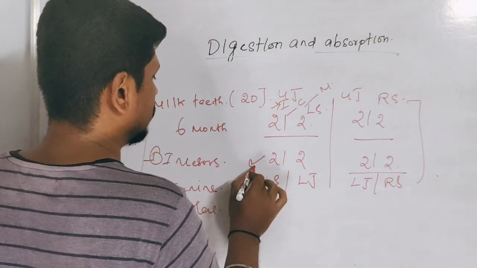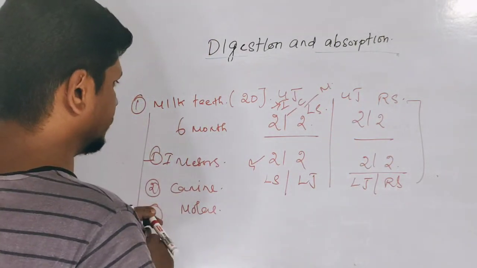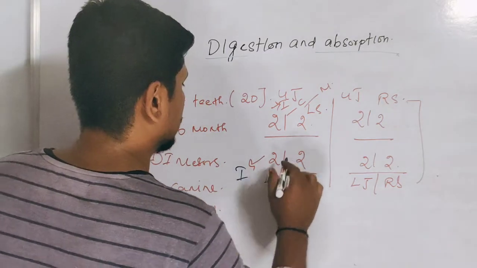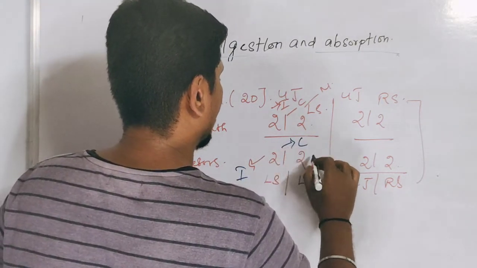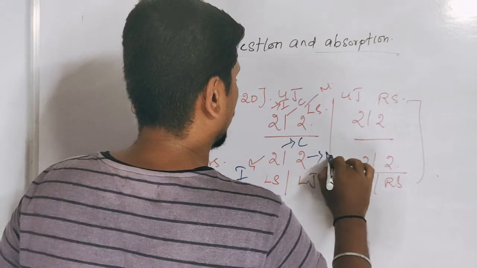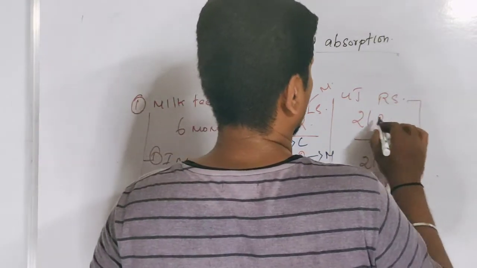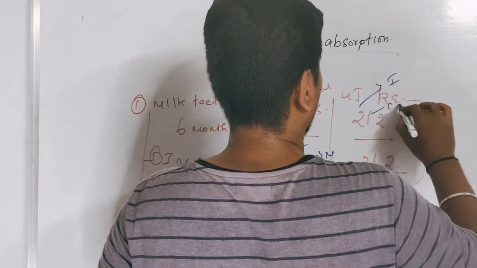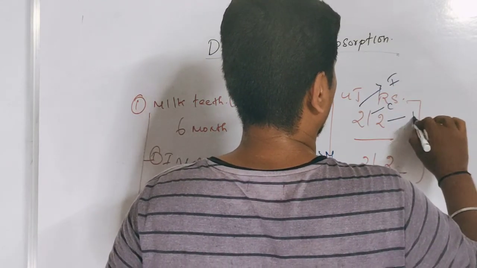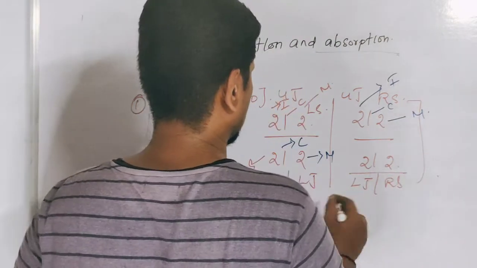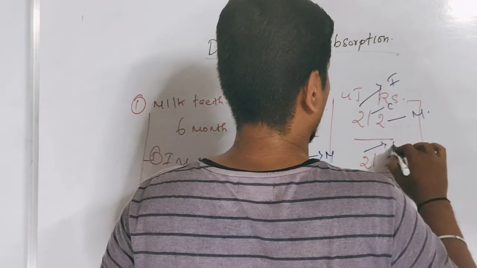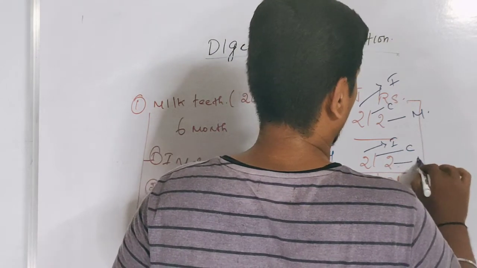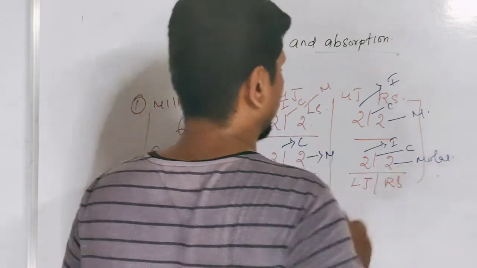Similar way, this part incisors, this part canine, this part molar. Here also incisors, canine and molar. Similarly, lower jaw also: incisors, canine and molar. Try to remember.